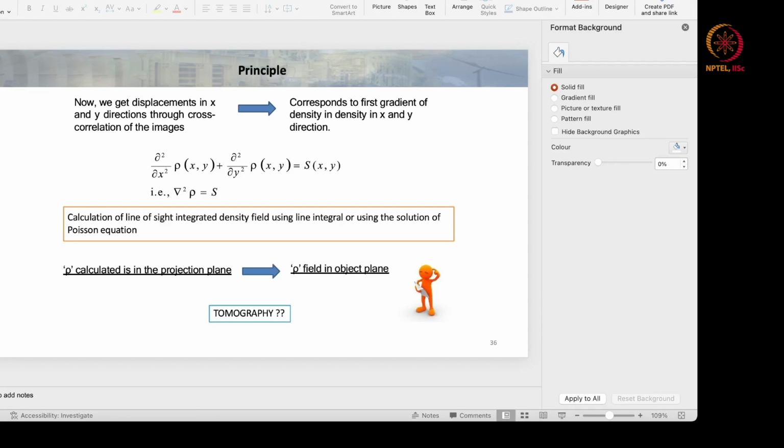However, any non-two-dimensional nature of the flow field will distort the results. And because BOS is a line of sight integrating technique, you need tomographic algorithms for the three-dimensional flow to actually do that.